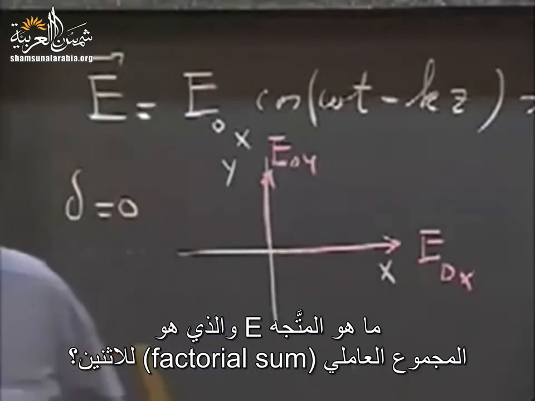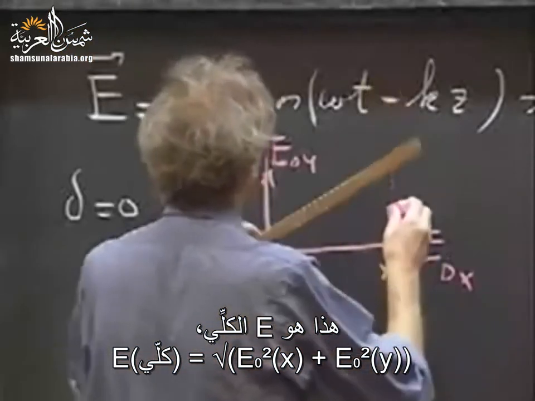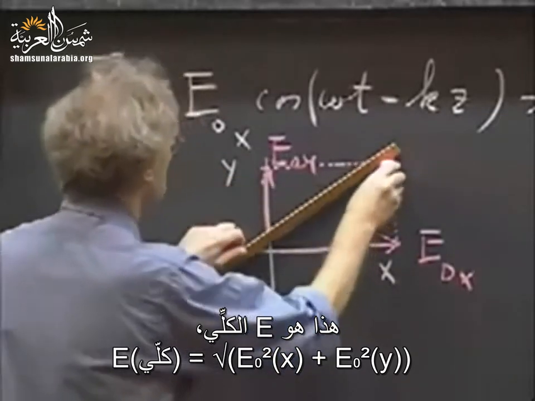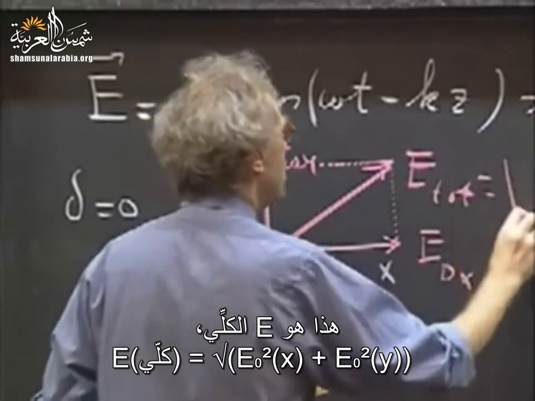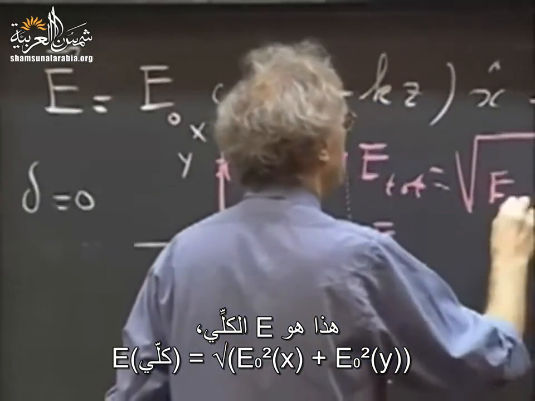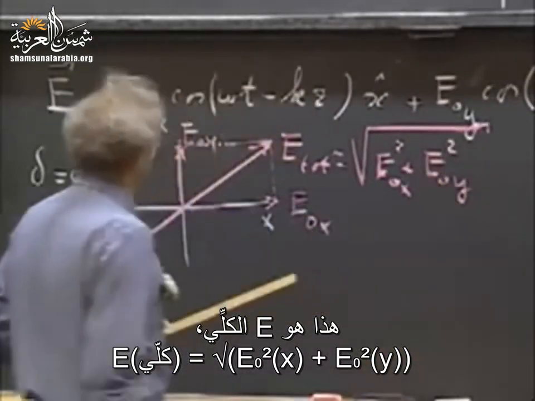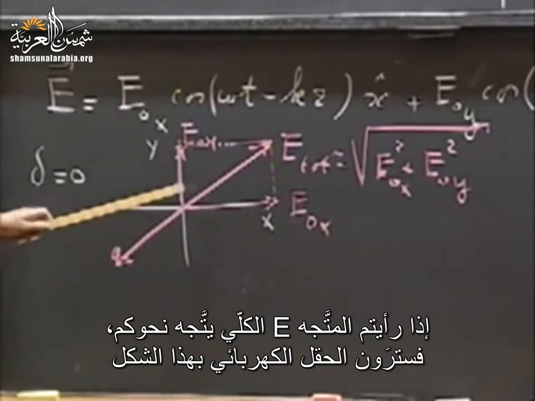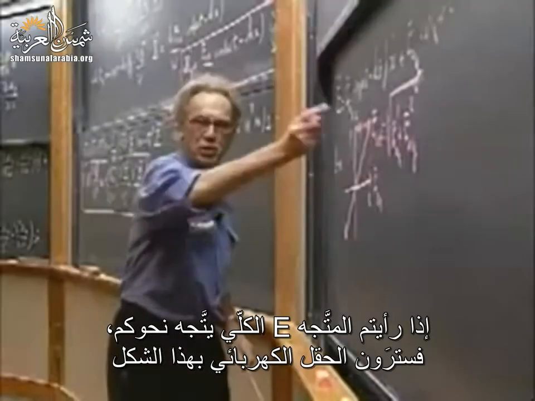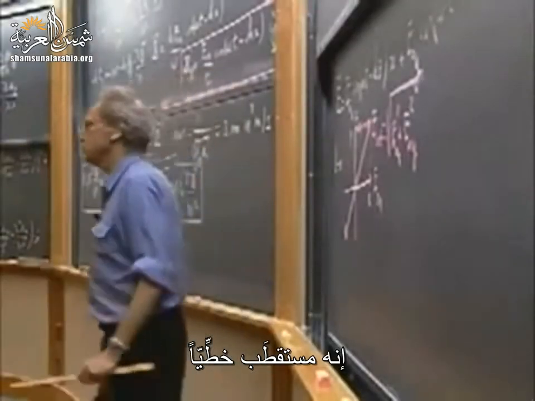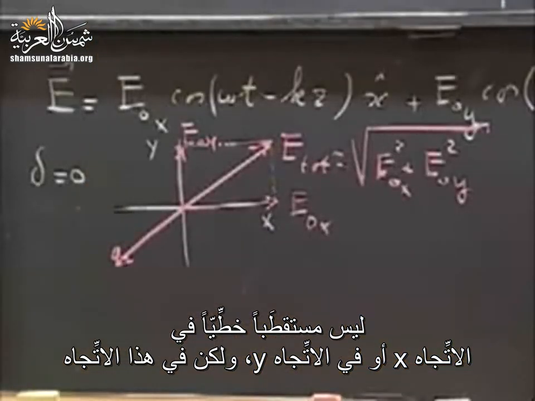So what is the net E vector? That is the vectorial sum of the two. So this is E total, which is the square root of E0x squared plus E0y squared. And if you see this coming to you, you will see an electric field going like this. Linearly polarized, no longer in the x direction, no longer in the y direction, but in this direction.